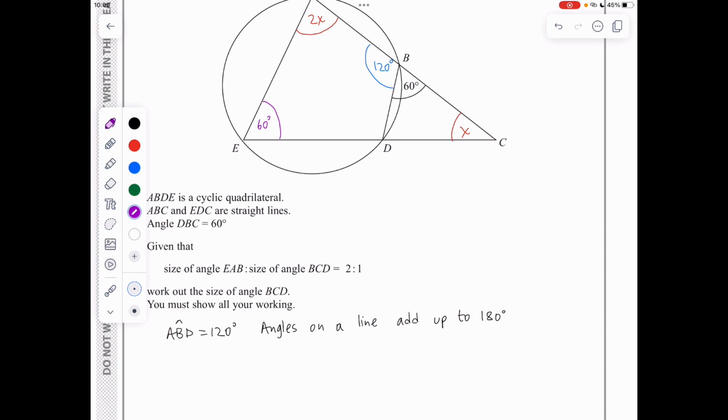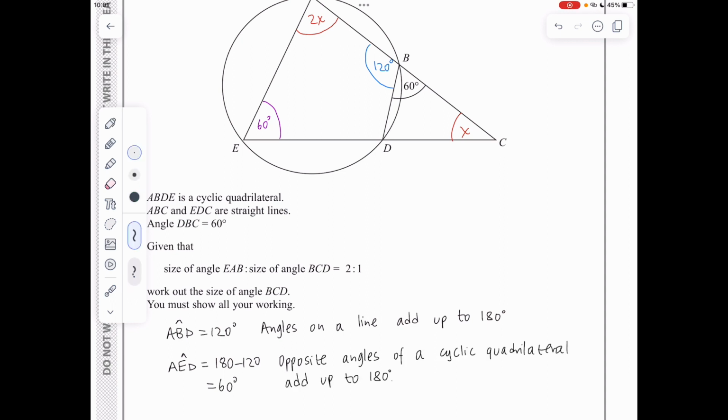We've got opposite angles in a cyclic quadrilateral adding up to 180 degrees. So AED is 180 minus 120. This gives an answer of 60 degrees, and we said the reason is that opposite angles of a cyclic quadrilateral add up to 180 degrees.